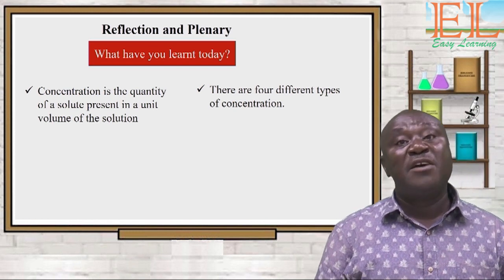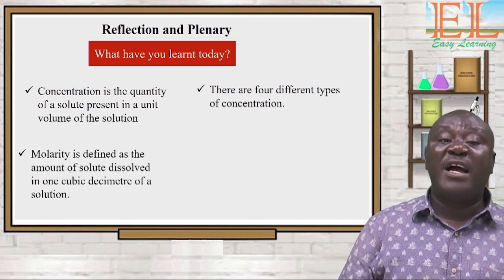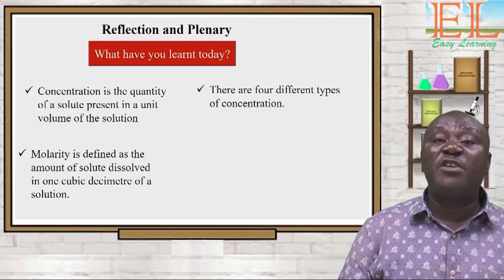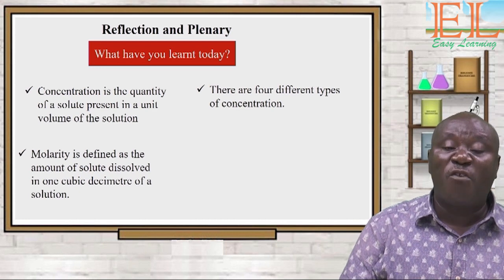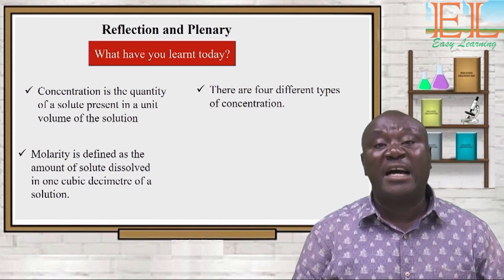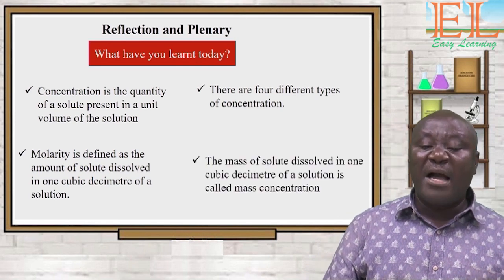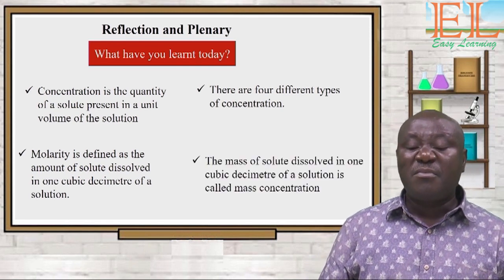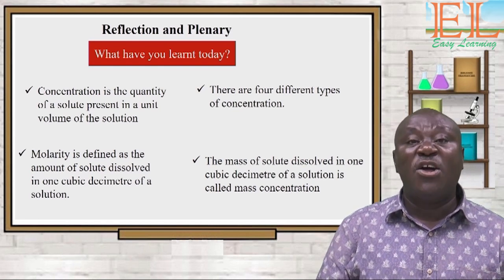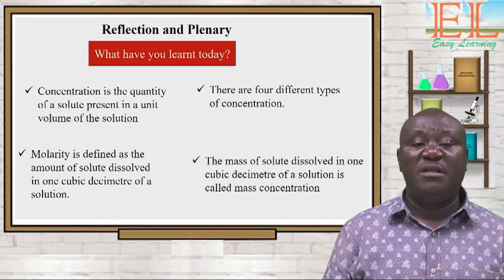Then we learned that molarity is defined as the amount of solute dissolved in 1 cubic decimeter of a solution, and mass concentration is defined as the mass of the solute dissolved in 1 cubic decimeter of a solution.